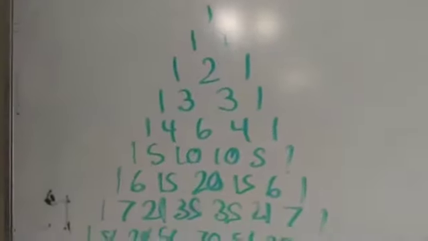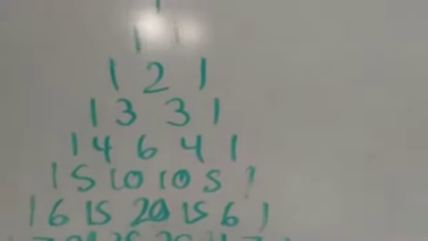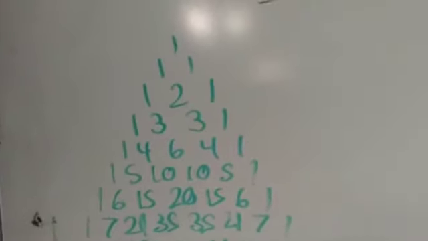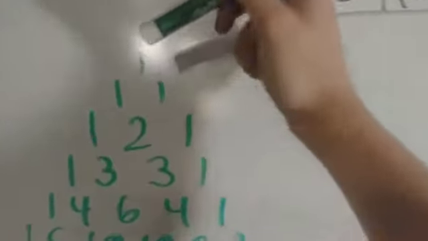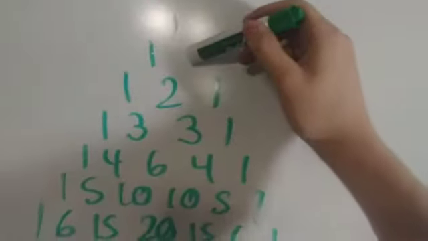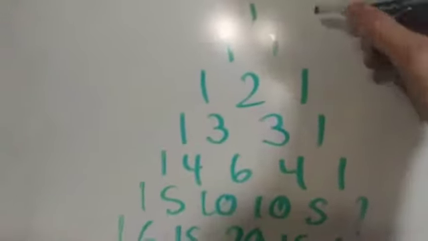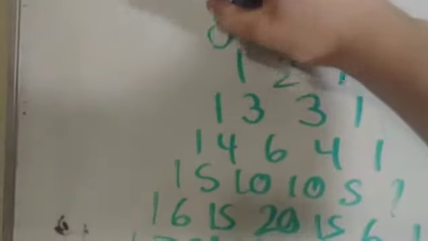So this is Pascal's triangle. Pascal's triangle is very simple if you don't know about it already. You can start with 1, 1. You add it together. You might as well say that there's a 0 here and a 0 here.